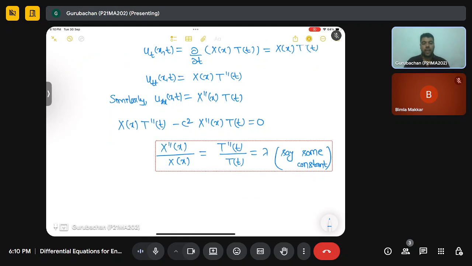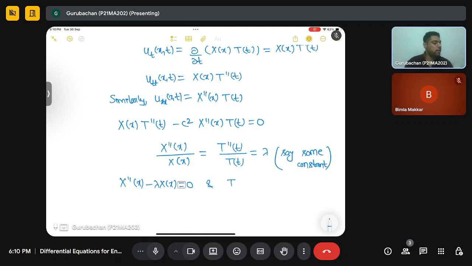From here we get X''(x) minus lambda X(x) equal to 0 and T''(t) minus lambda c square T(t) equal to 0, these two equations.